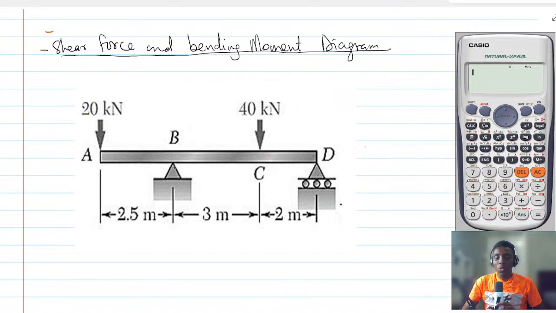So you sum forces in the x direction, then you sum forces in the y direction, and then you sum moment.